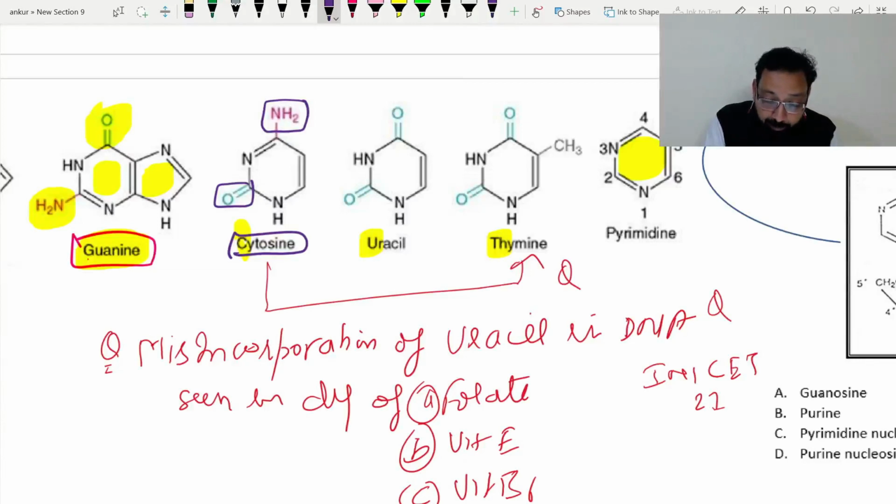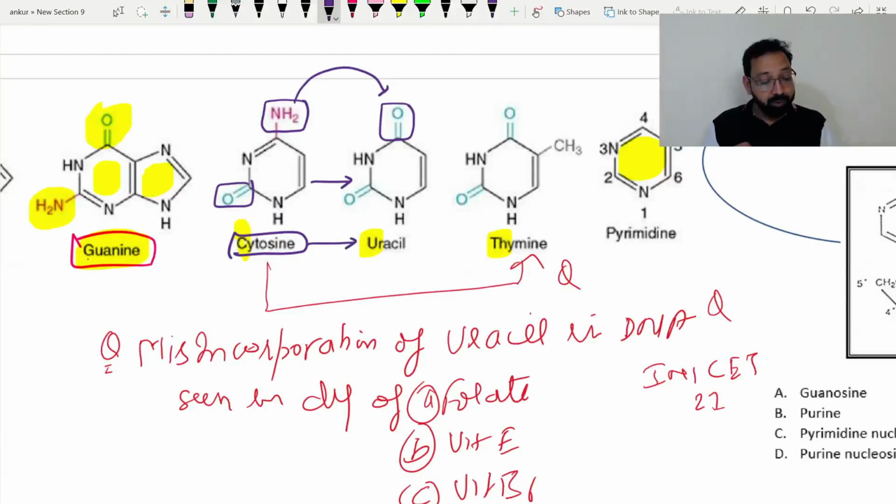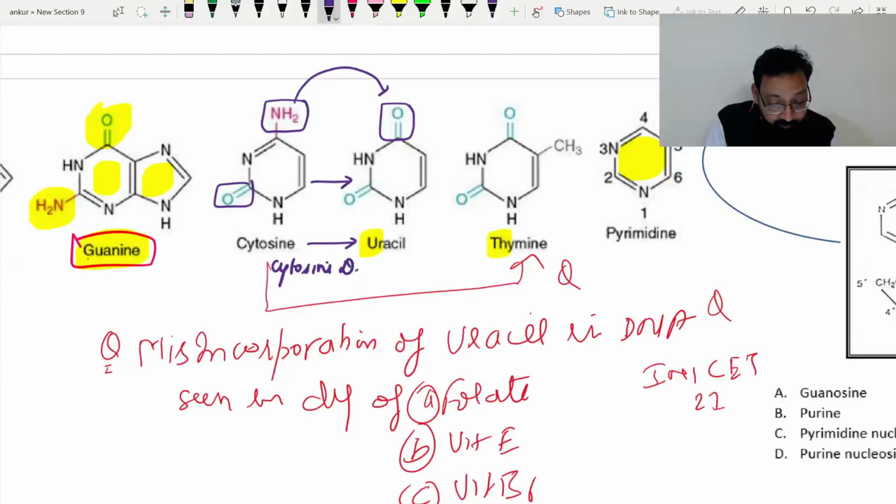If I remove the amino group from cytosine, it will be converted to a keto group, and cytosine will be converted to uracil by an enzyme present in our body. The name of the enzyme is cytosine deaminase. So you can say cytosine and uracil differ only by an amino group.